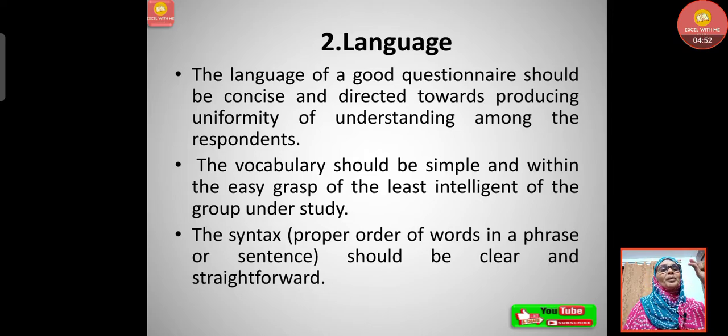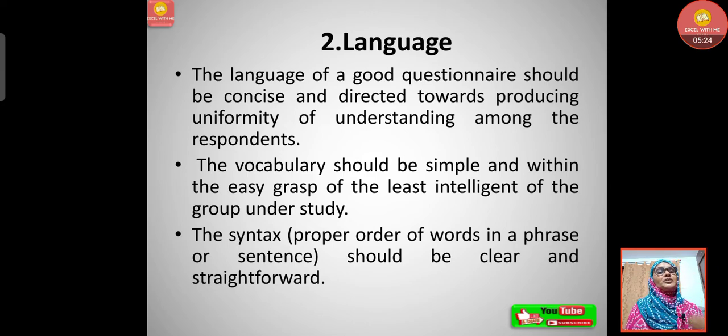Then the vocabulary should be simple and within the easy grasp of the least intelligent of the group under study. If we are taking a mixed group, we should concentrate on each level of respondent, so that everybody can grasp the question.